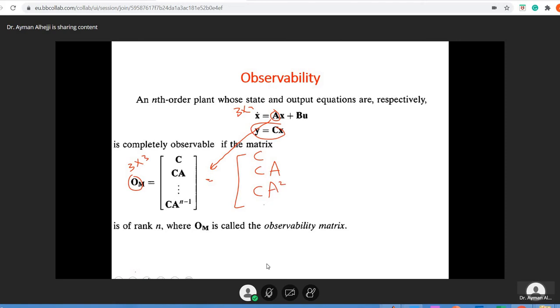And you see how many rows you have in the state matrix. You need to match the order of the A matrix with the O matrix here.